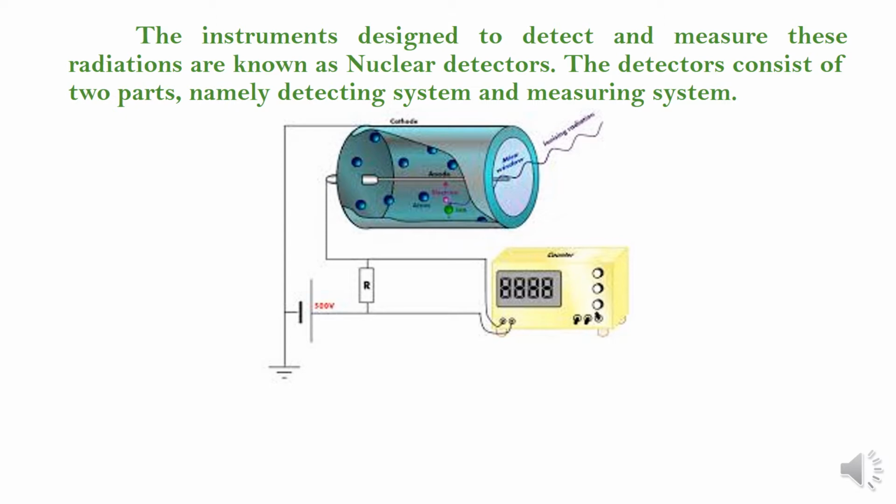Now we send the radiation into the detecting system. This will detect the particle and the measuring system will give the output. So every nuclear detector consists of two parts: one is the detecting system and another one is the measuring system.